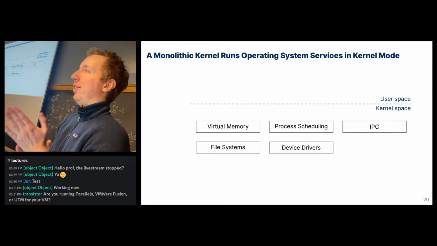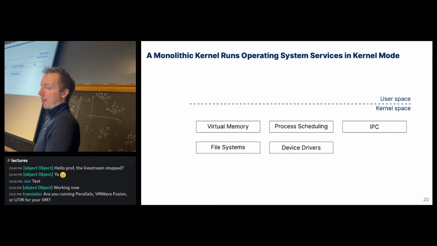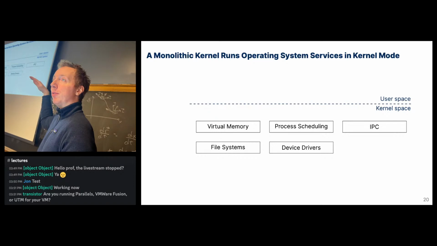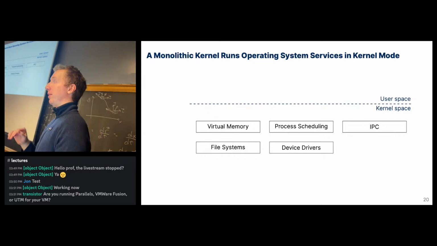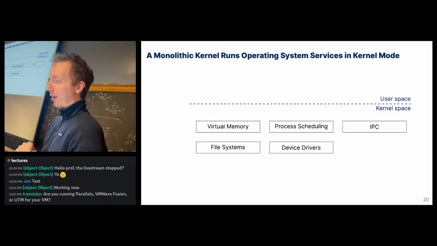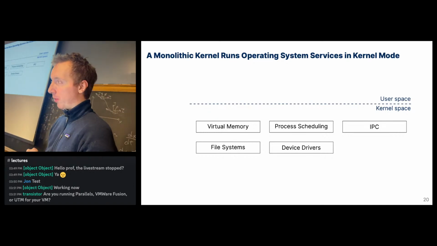So there's two major types of kernel designs or architecture designs. We saw before there's this clear user space and kernel space, so there are different architectural designs. The first one's called a monolithic kernel, which basically runs most of the operating system services in kernel mode directly.